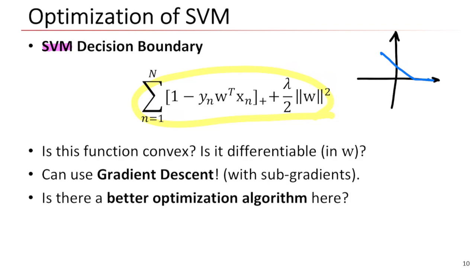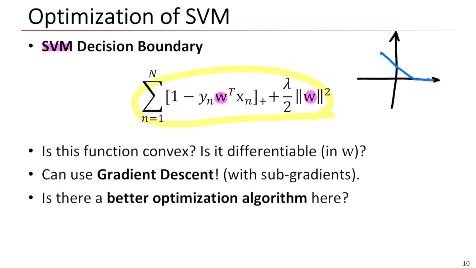First of all, to find this mapping function, or to find this w, the parameter that minimizes this cost function on the training data set, we have to find the w, right? Then to optimize this loss function, we need to analyze the shape of this loss function in terms of w.